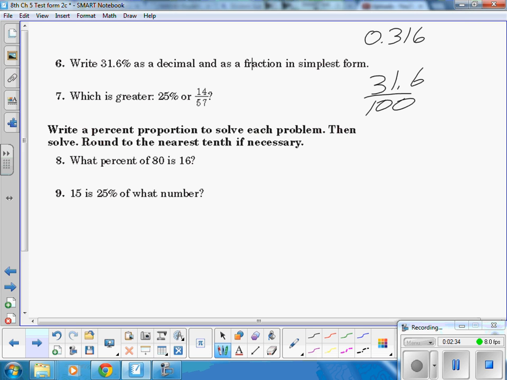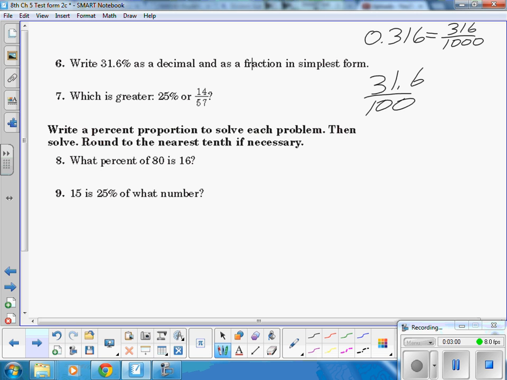Another way is to look at the decimal that I already have and write that as a fraction, 316 over 1,000. Some of you are saying, well, Mr. Altobelli, 316 over 1,000 is not the same as 31.6 over 100. Well, the values are the same. The appearance is not. We do not leave a decimal within a fraction.